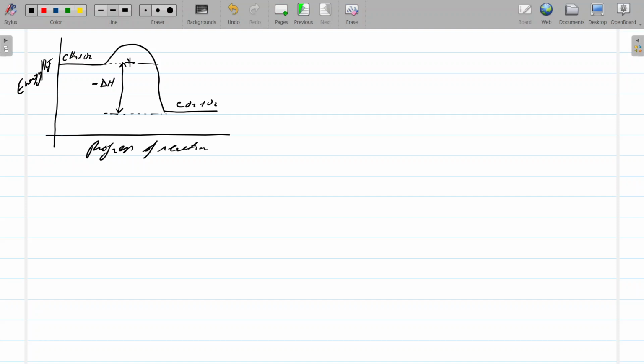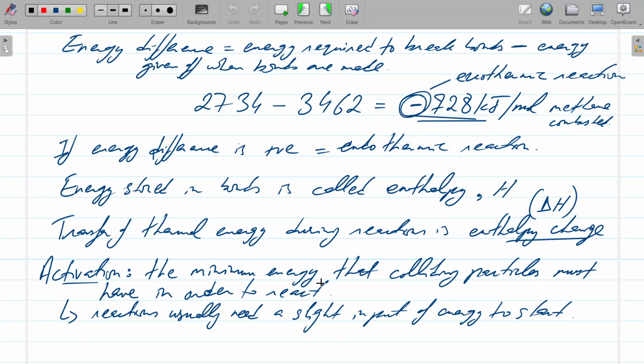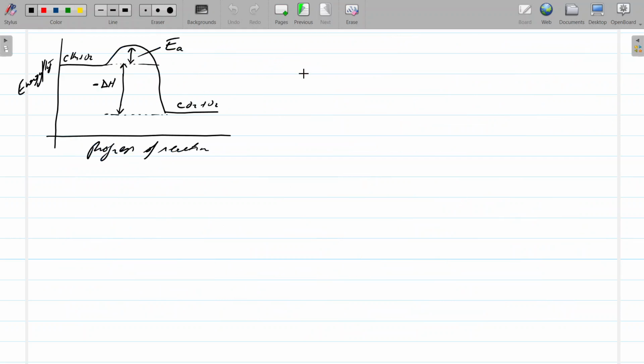That is the activation energy, and that is given as EA, and that A is actually a subscript, so small a over here. So activation energy. So this is what the energy diagram of an exothermic reaction would look like.